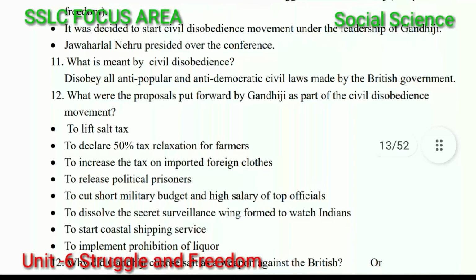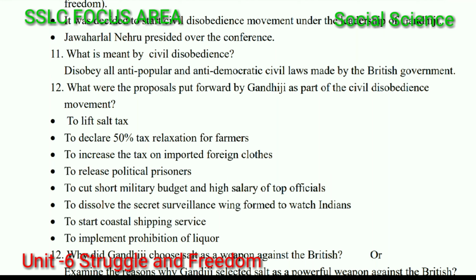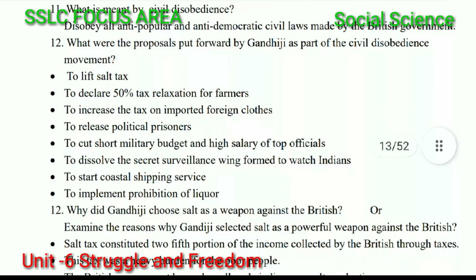What is meant by civil disobedience? Disobey all anti-popular and anti-democratic civil laws made by the British government. What were the proposals put forward by Gandhiji as part of the civil disobedience movement?